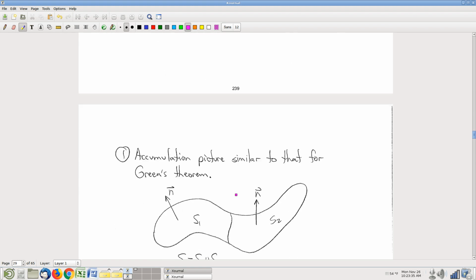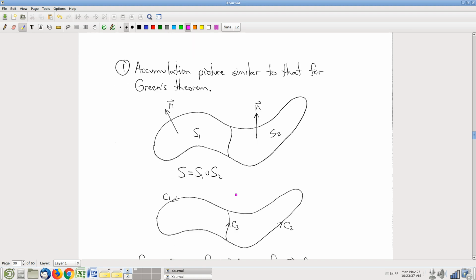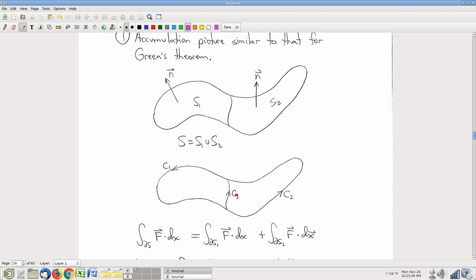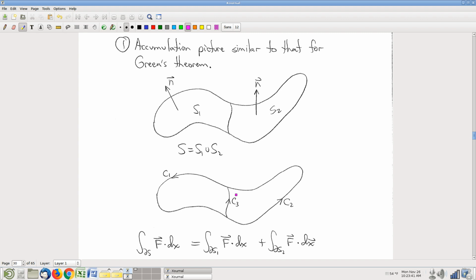All right. So, how do I know that it accumulates? Well, the argument is really, really similar to the argument for Green's theorem. In fact, I like to joke that you can take a piece of paper containing the argument for Green's theorem that it accumulates, and just take that physical piece of paper and do like this, right? And now you have a 3D model of such an argument for Stokes' theorem. It's the same idea.